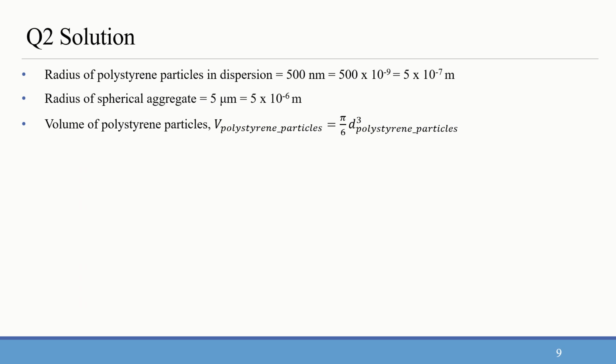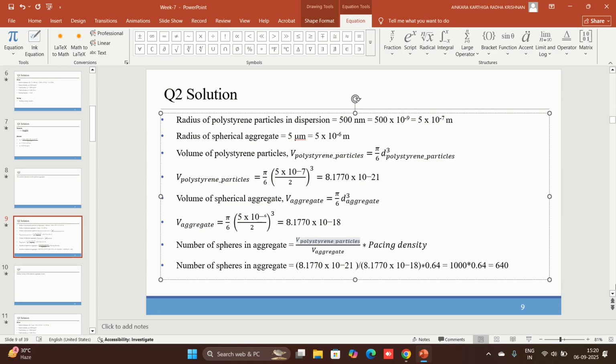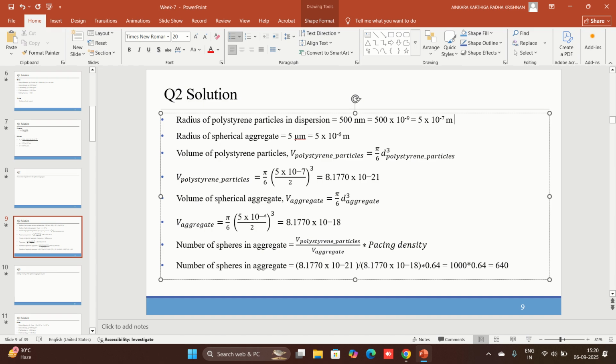Since it is a spherical particle, the volume of a polystyrene particle is pi by 6 dp cube. Okay, something, sorry, it is not 5, yeah, okay.